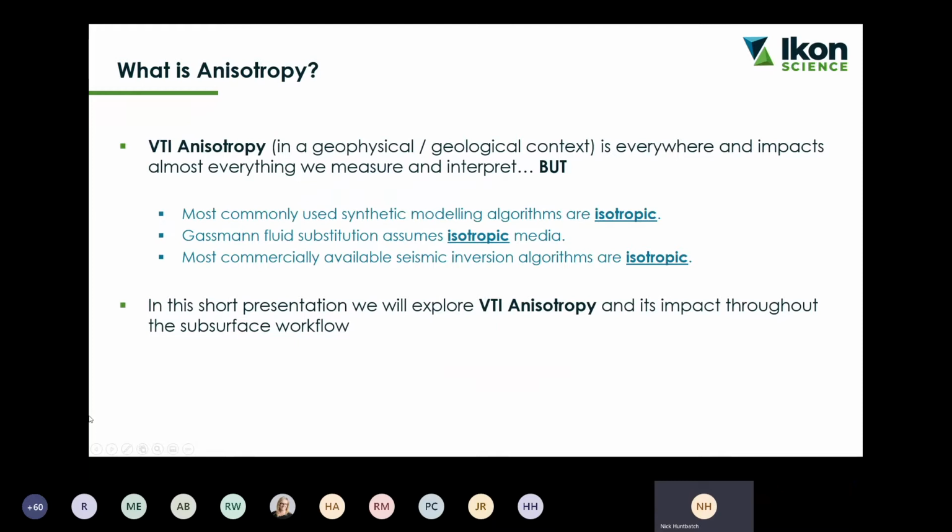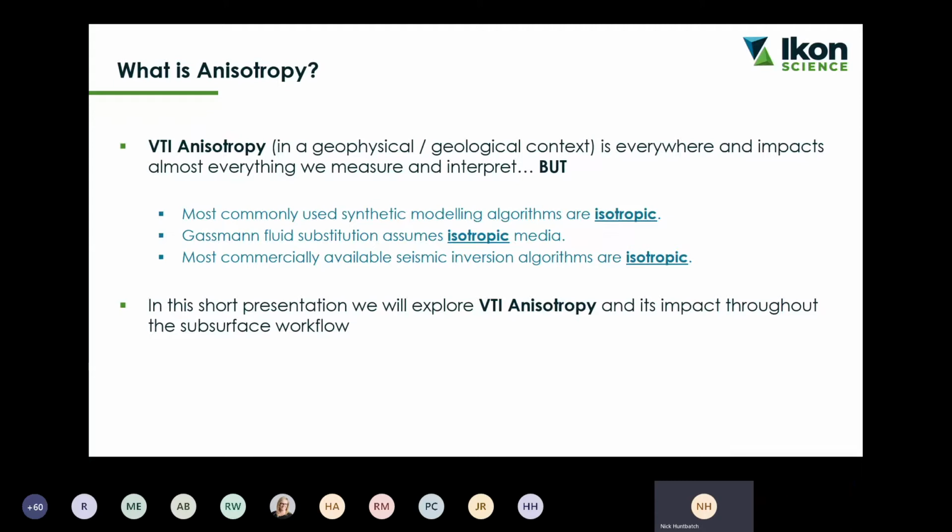So, as pretty much everyone is aware, VTI anisotropy in particular is pretty ubiquitous. We have layering in the earth, we have laminated shales, we have inherent layering geometry, which will give us a VTI responsible anisotropy.